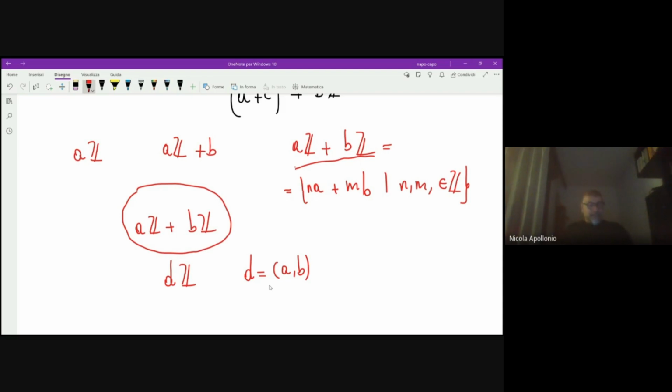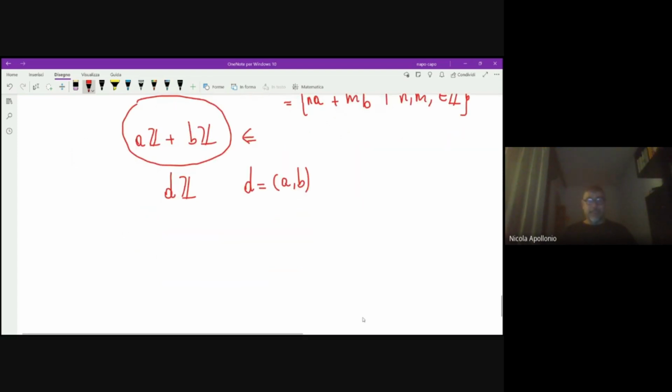We know that if you have a common divisor of A and B, then this common divisor divides every element of the special set. We already saw this, no?